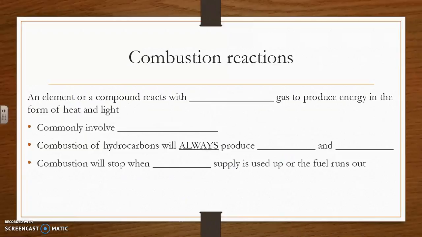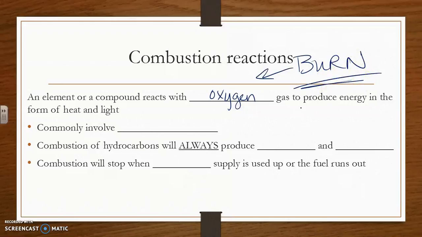A combustion reaction is one where an element or compound reacts with oxygen gas. Why oxygen? Because that's what you need to burn things. If you don't have oxygen gas, you can't burn it. It produces energy in the form of heat and light. It's going to commonly involve compounds called hydrocarbons.